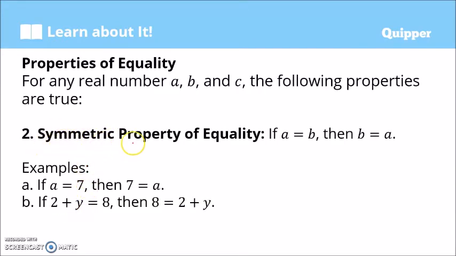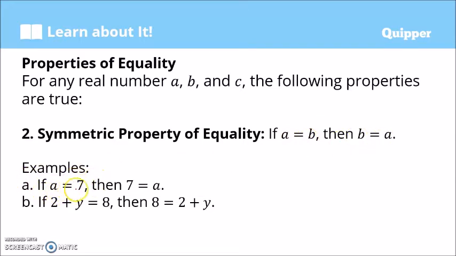Next, we have the symmetric property of equality. It states that if a equals b, then b equals a. We can reverse it because of the equality symbol.